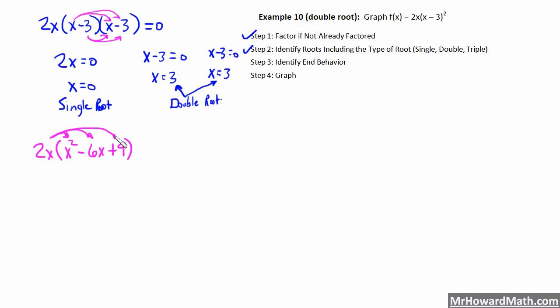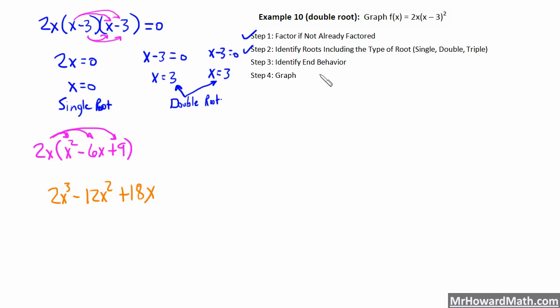So we distribute that 2x in, and we would finally end with a 2x cubed minus 12x squared plus 18x. Alright, so once we're completely done with that, you can see that we do have a degree 3 polynomial.